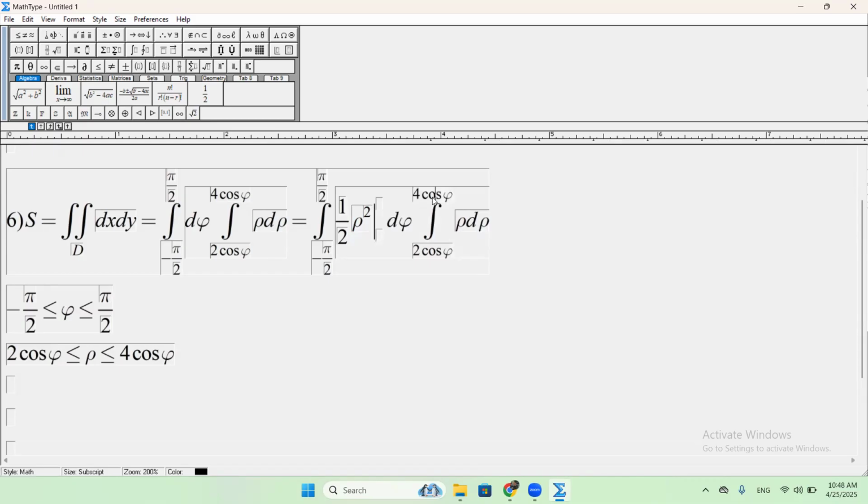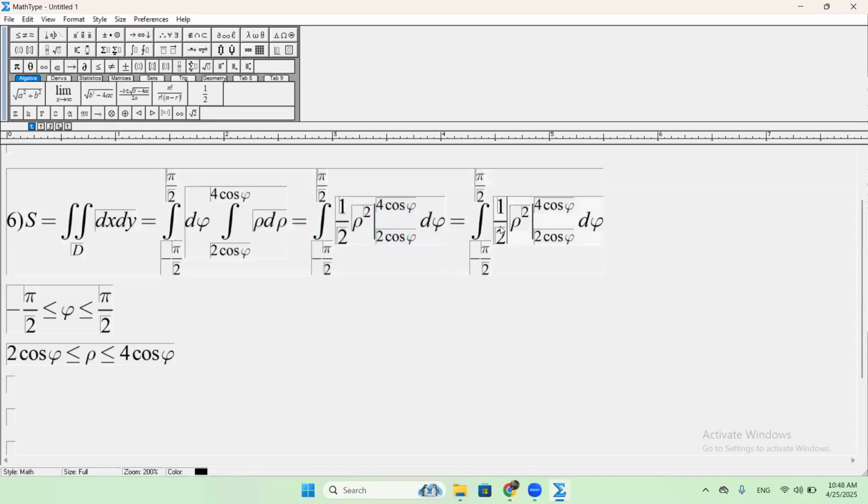So let's move these expressions here, moving 1 over 2 out of brackets.